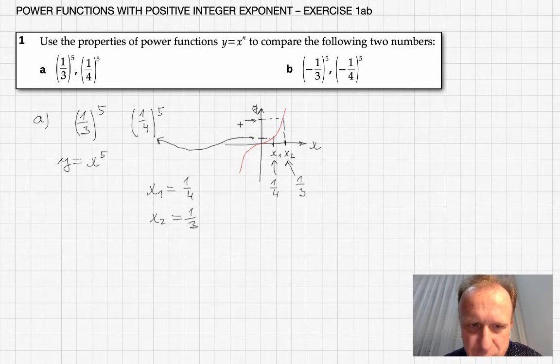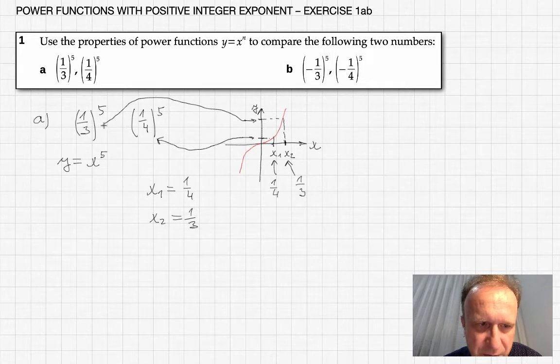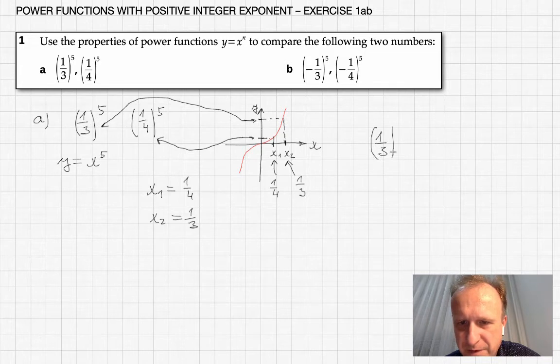And this should be equal to 1/3 to the power of 5. Okay? And since this number is above the previous one, you may see that 1/3 to the power of 5 is simply greater than 1/4 to the power of 5.